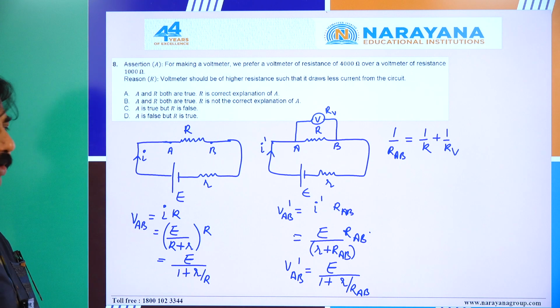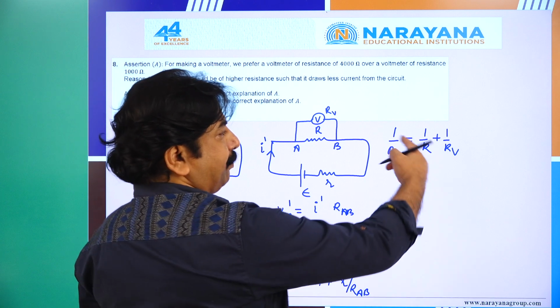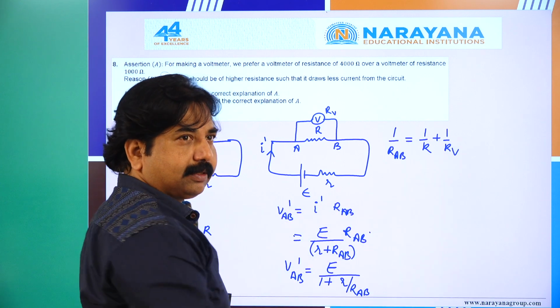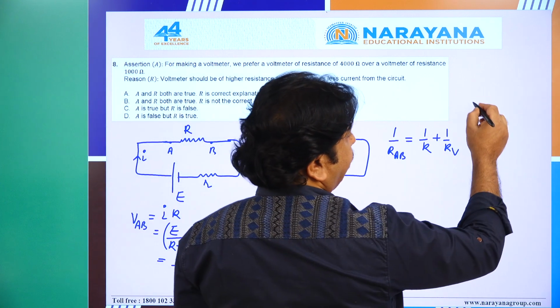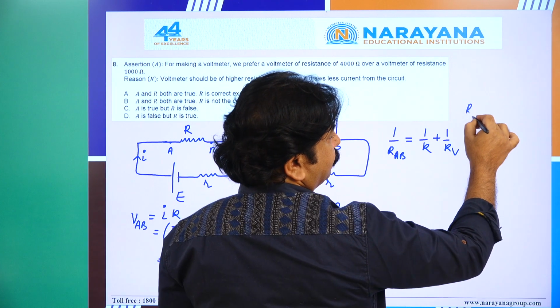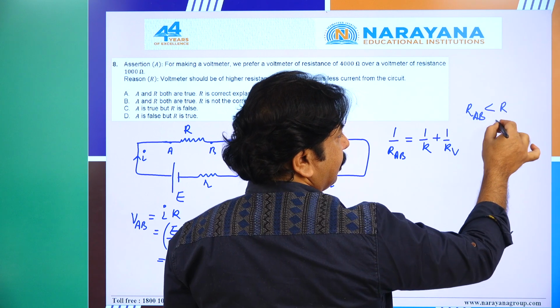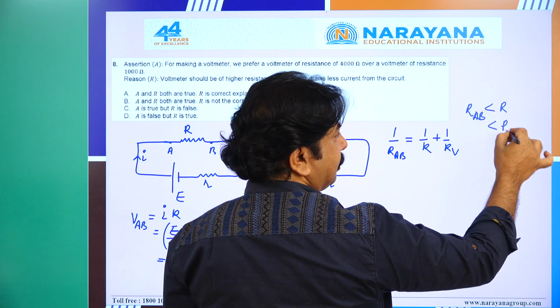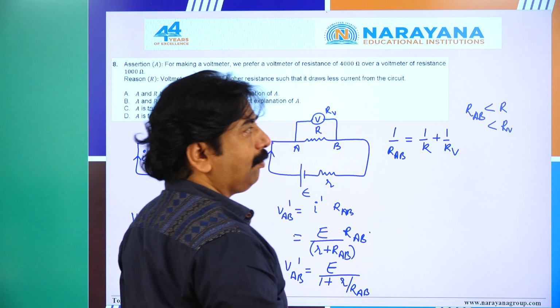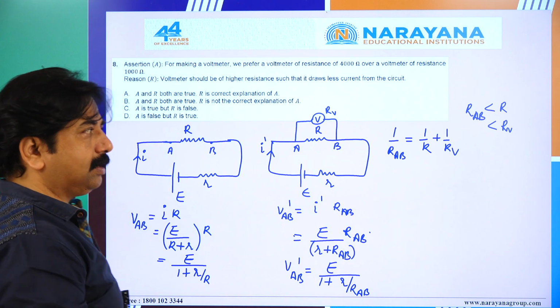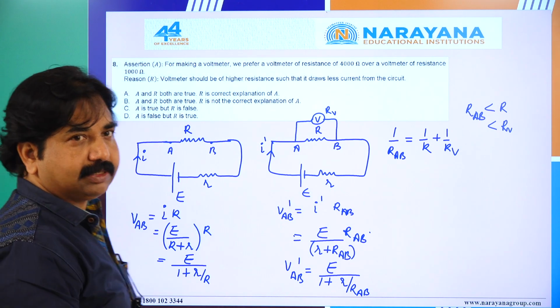But one thing everyone has to observe: in the parallel combination of resistance, RAB should be less than R, and it is also less than RV. RAB less than R and RAB less than RV also.